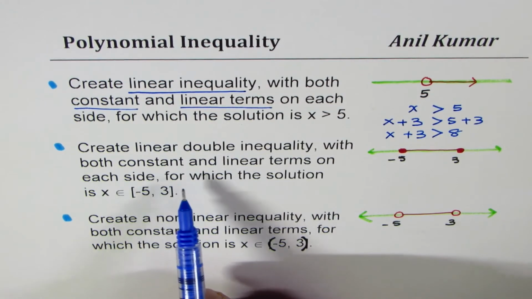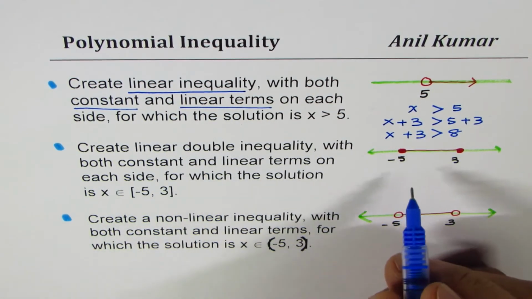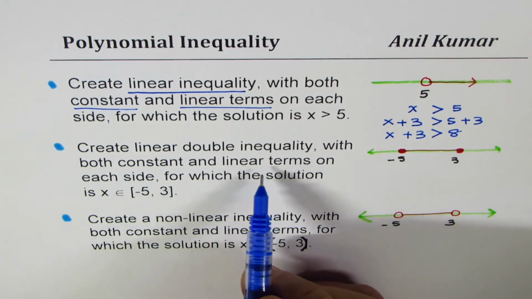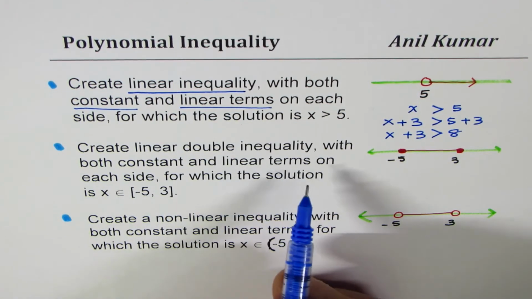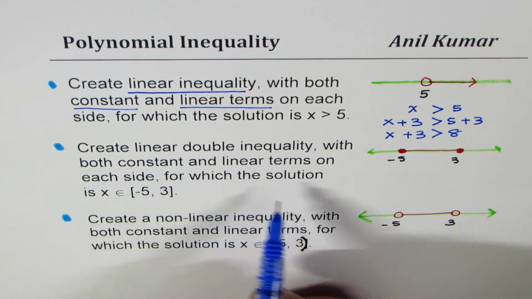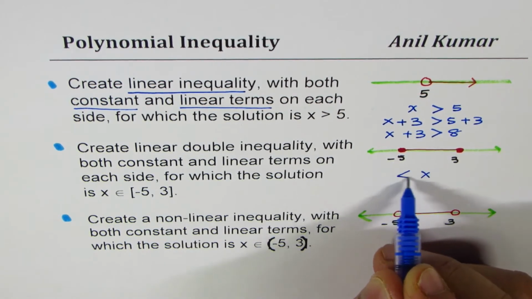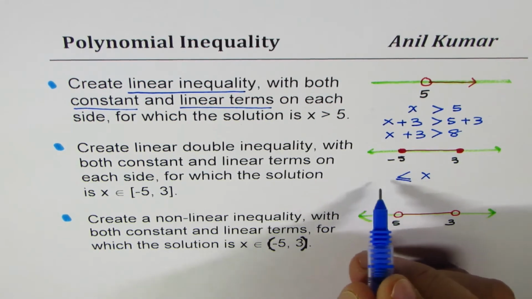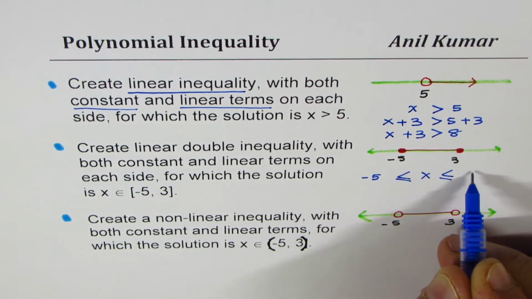The next one here is: create a linear double inequality. That means we're looking for something in between, right? So we are saying here a double inequality with both constant and linear terms on each side for which the solution is that x is greater than or equal to -5, because this is filled in, and less than or equal to 3.